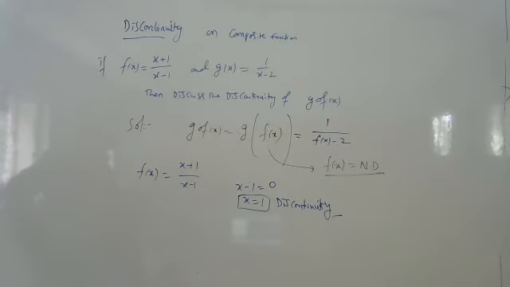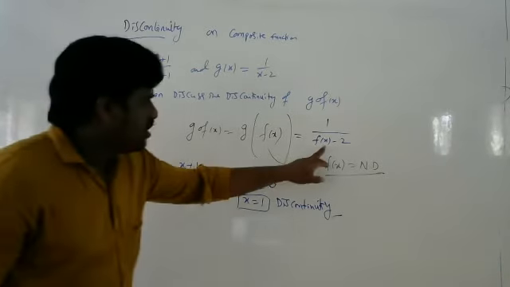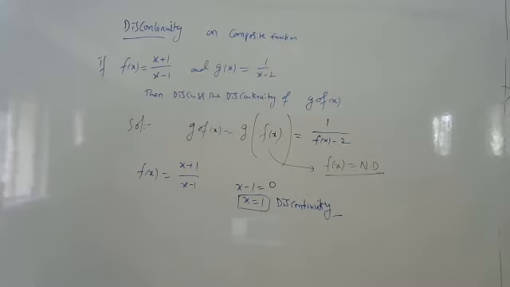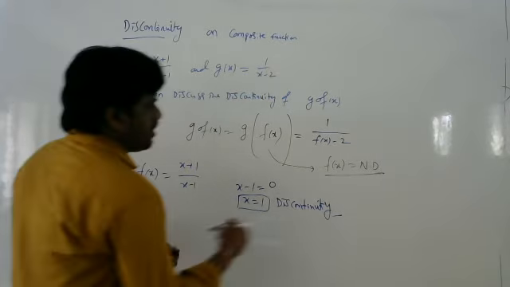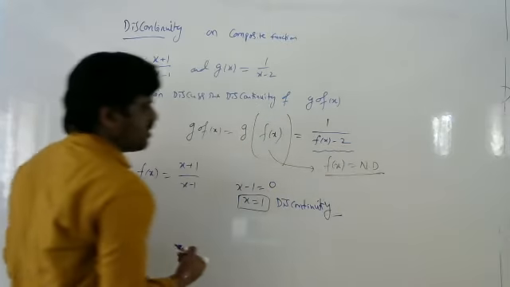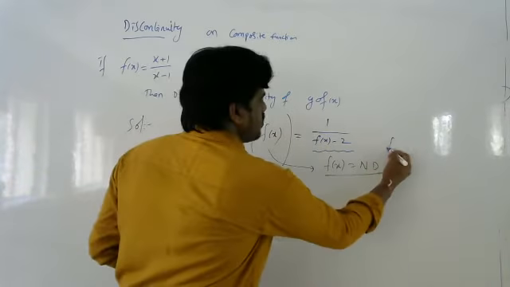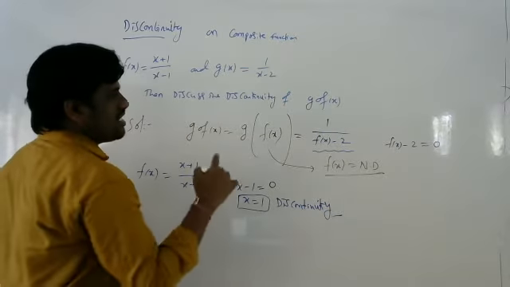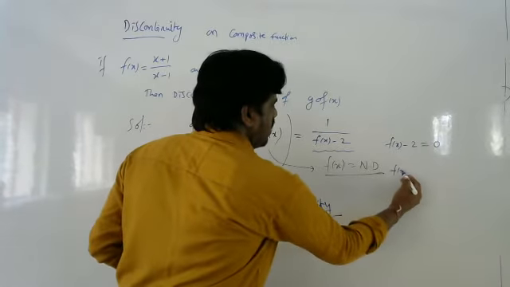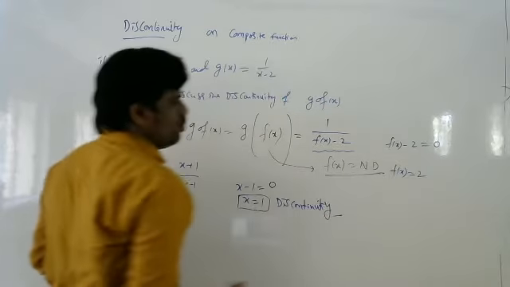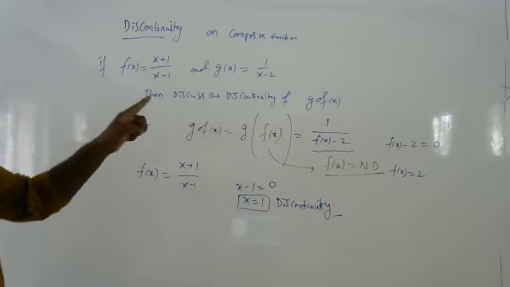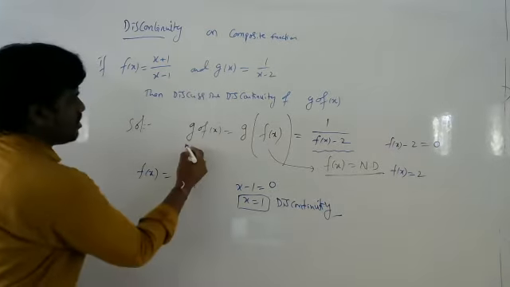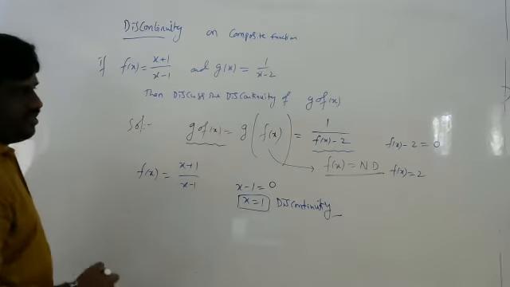When is this function not defined? When f of x minus 2 is equal to 0. So the condition here is f of x is equal to 2. When f of x is 2, at that time also g circle f of x is not defined.